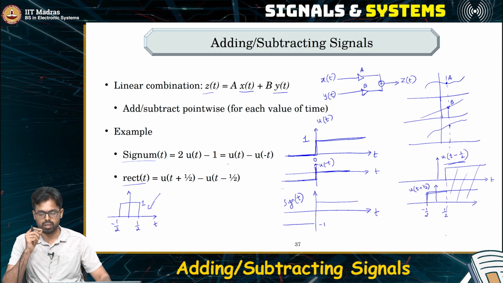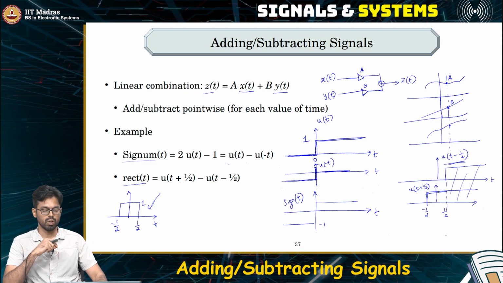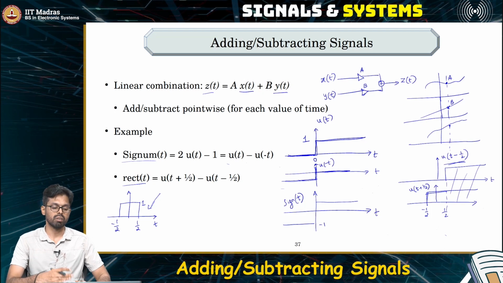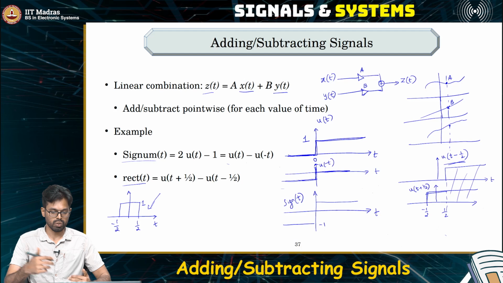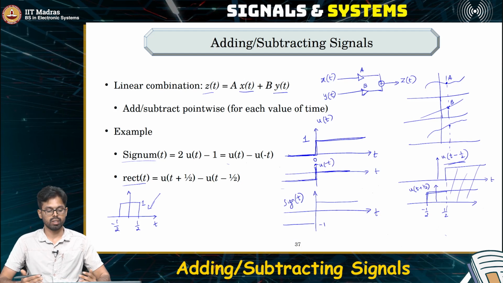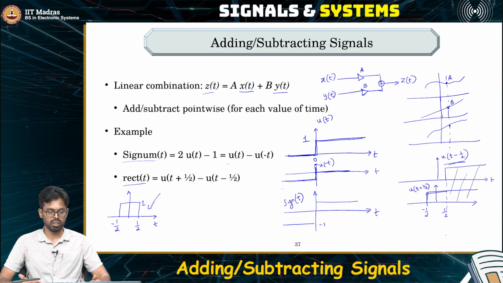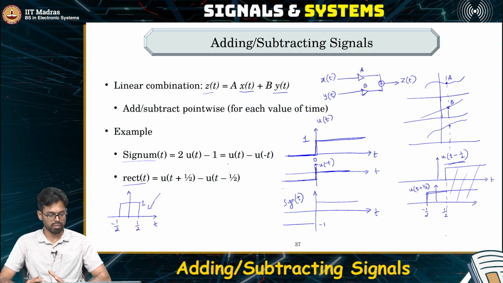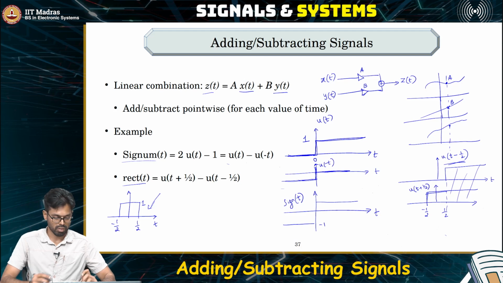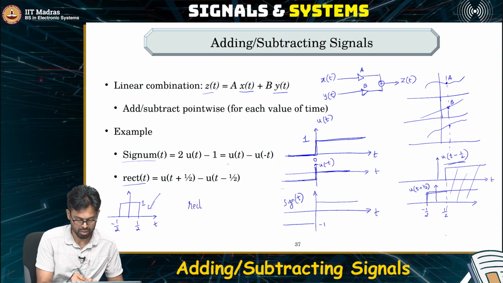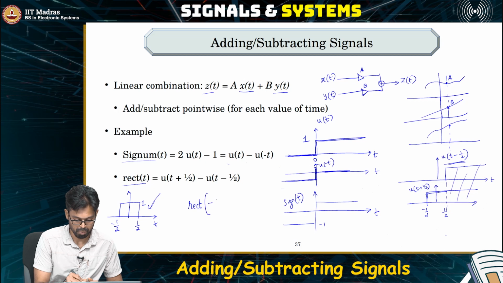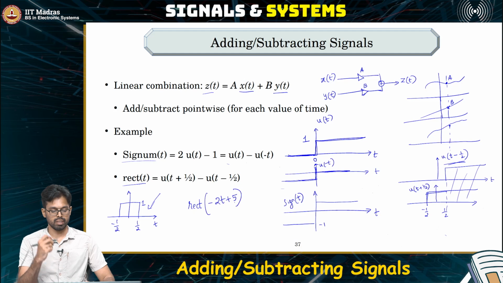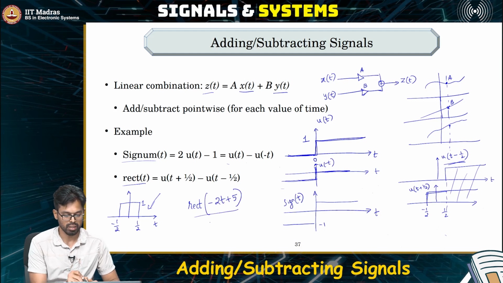This is a theme that we'll often use in this course, where we'll decompose any given signal in terms of something that we already know how to analyze. If I know completely how to analyze, how to understand the step function, I can take care of all kinds of rectangular function. You can now shift this rectangular function, you can scale this rectangular function. So if I ask you to represent a rectangular function of, let's say, minus 2 to plus 5, take this as an exercise and represent that in terms of step functions.